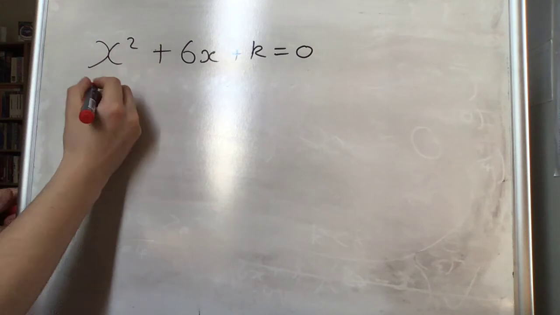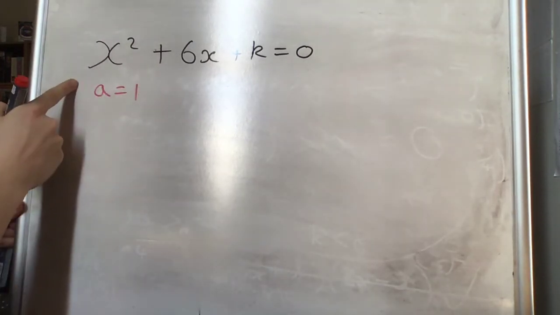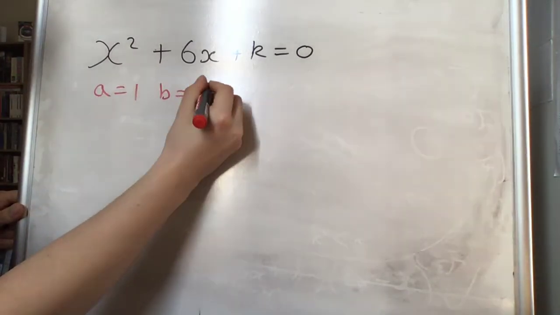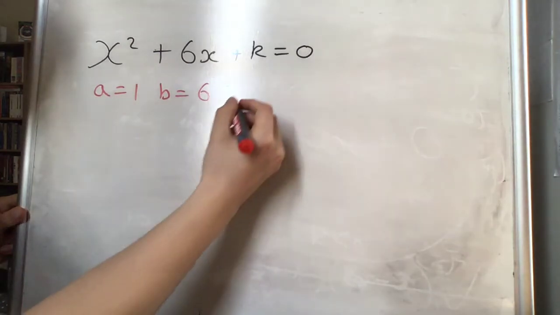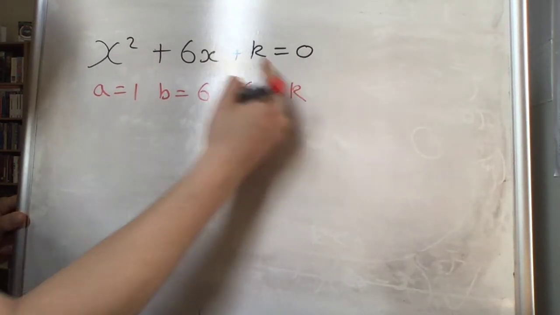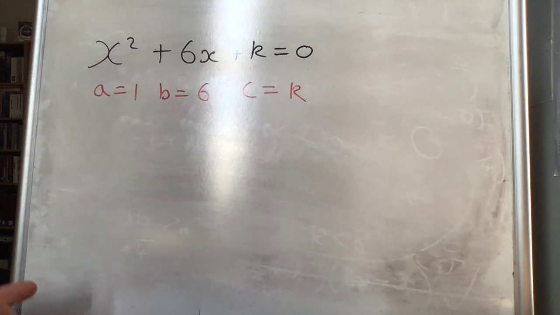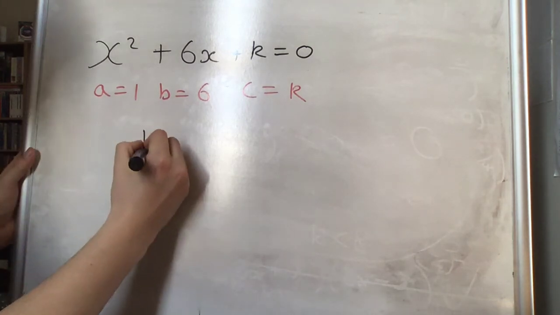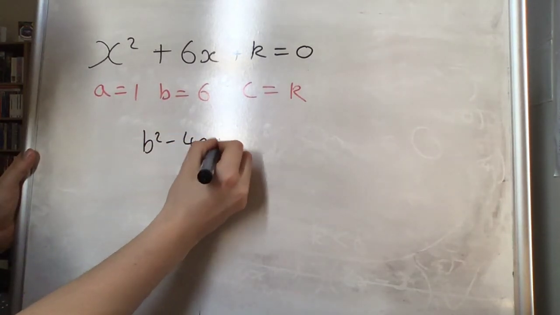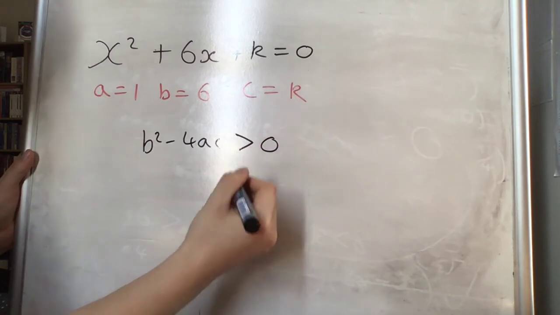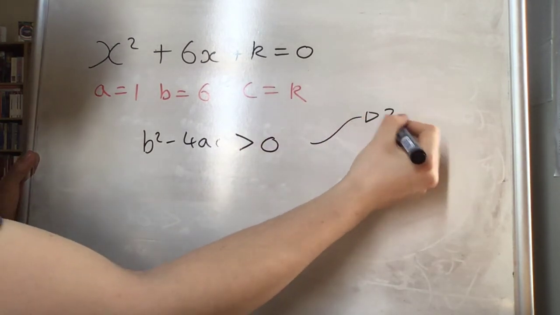So a is equal to 1 because it's just 1x squared, b is equal to 6 because it's 6x, and c is equal to k, as that is our last thing over here on the right hand side. So what we want to do is to determine what this means. Well, if we have two real solutions, that must mean that our discriminant b squared minus 4ac is greater than 0, because that will give us two solutions.